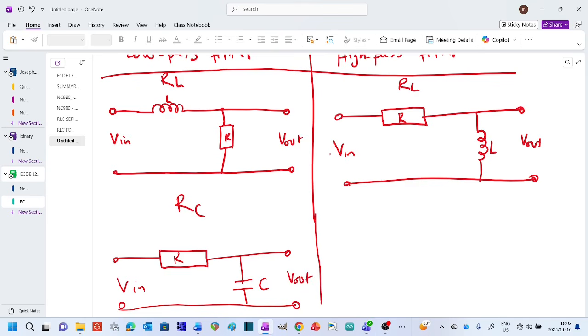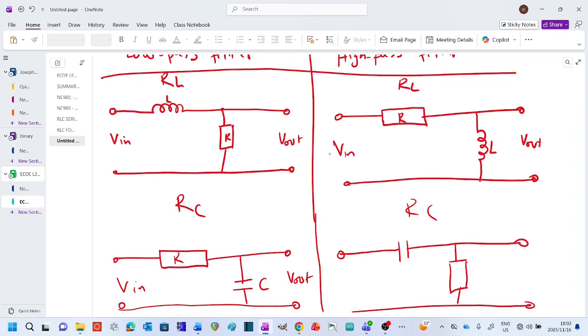For a high pass RC, we build from the low pass RC. Instead of entering through the resistor, we enter through a capacitor, and your output is connected across a resistor. So you also have to study how to explain how you obtain the response curve.